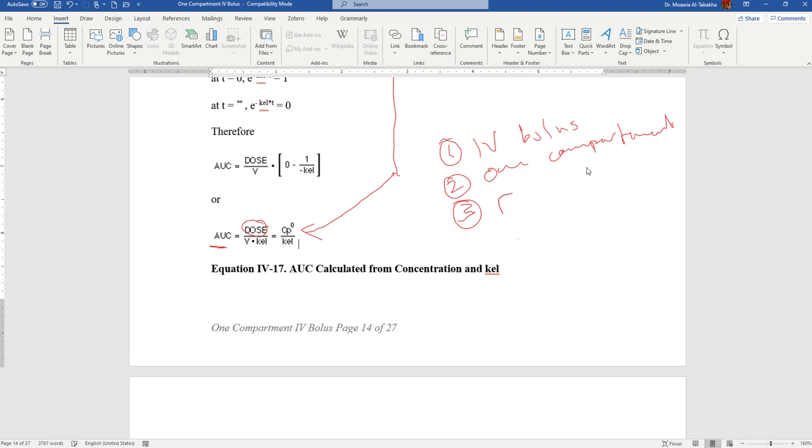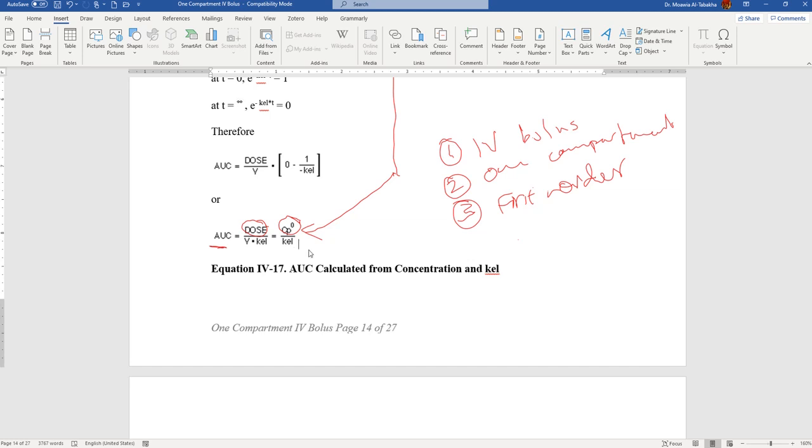Third assumption, first order. Okay, so this is what we have. Now dose divided by V, we already took it before as equaling CP0. That is, the dose that I inject at time 0 will give me CP0, right?